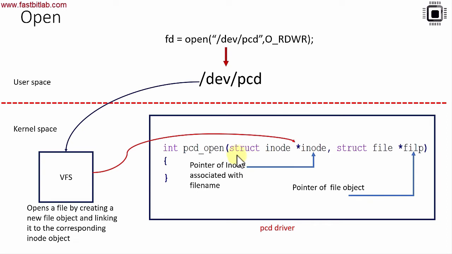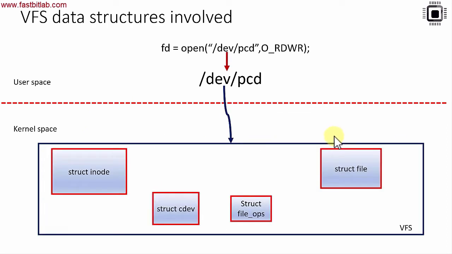Let's explore more about struct inode and struct file. During file operation of a regular file or a device file, there are various VFS data structures involved. The important data structures involved are struct inode, struct cdev, struct file operations, and struct file. You may be familiar with this, right?